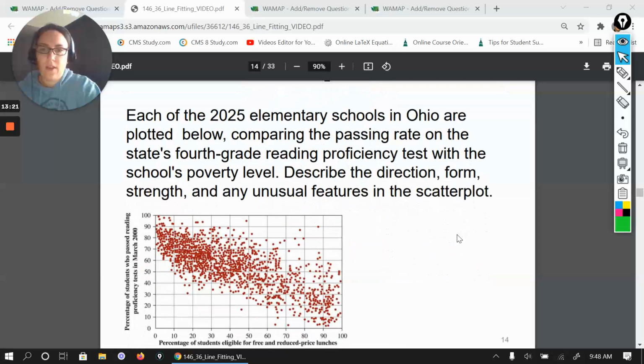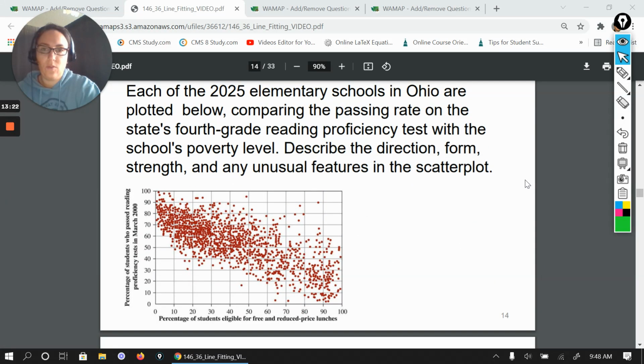Here's example 5. Each of the 2025 elementary schools in Ohio are plotted below. Comparing the passing rate on the state's 4th grade reading proficiency test with the school's poverty level, describe the direction, form, strength, and any unusual features in the scatter plot.